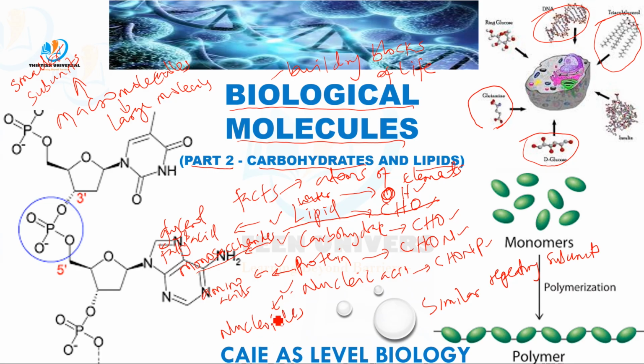Nucleic acids are made up of nucleotides, which are similar and repeating. These are called polymers. Polymers include carbohydrates, proteins, and nucleic acids, DNA and RNA. This is very important.